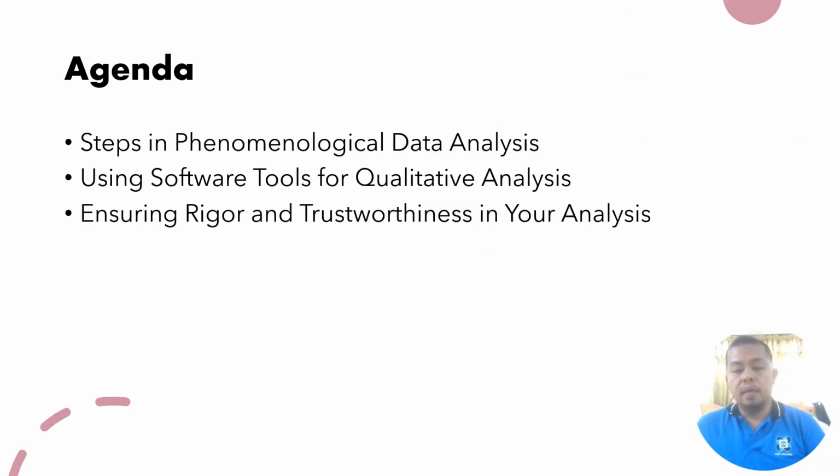So here our agenda: first, what are the steps in phenomenological data analysis, and using software tools for qualitative analysis because it is available. You just have to pay a certain amount. And then ensuring rigor and trustworthiness in your analysis. Now, how do we maintain rigor and trustworthiness in your data analysis?